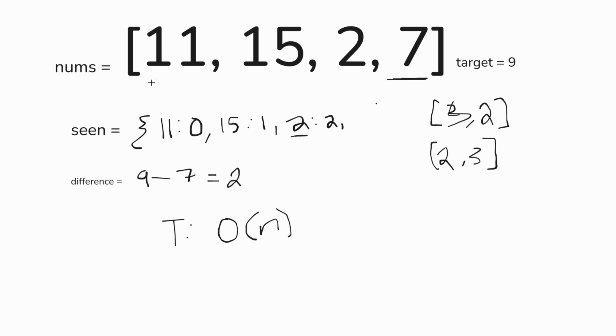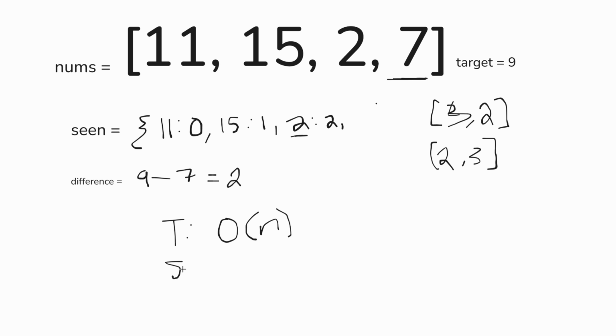So if this nums array goes up to 100, we would only need to check at most 100 elements. While for the n squared solution, with 100 elements, we could actually have to check 5,000 different element pairs to try to find this target. So this saves a lot of time.